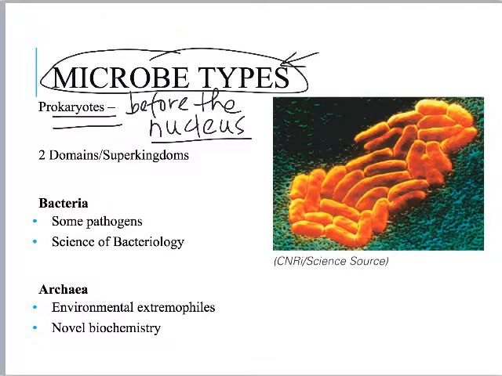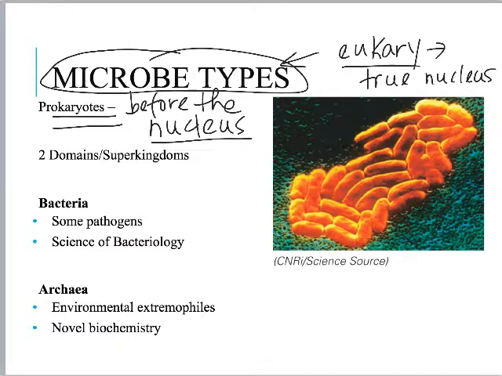Prokaryotes are really, really simple. Eukaryotes are what humans are, or your dog or your cat or a plant. They all have a nucleus. The eu is like true, so a true nucleus.